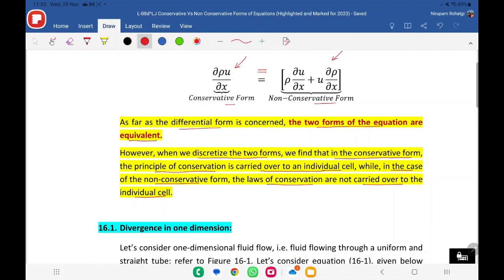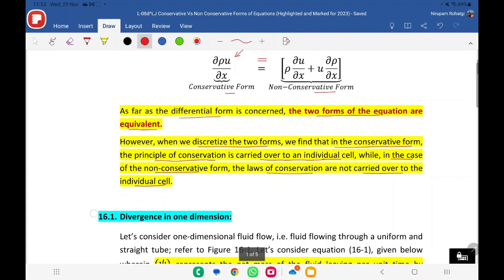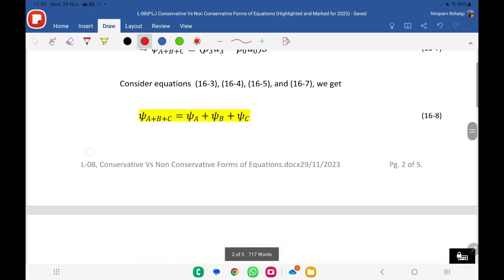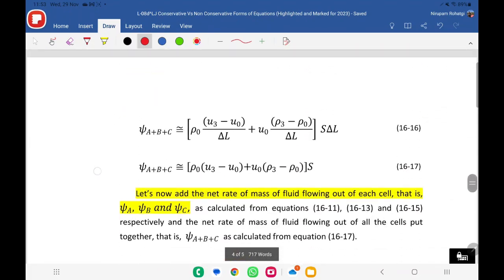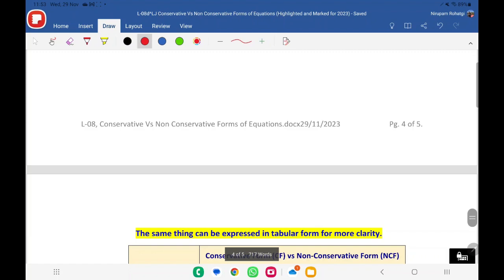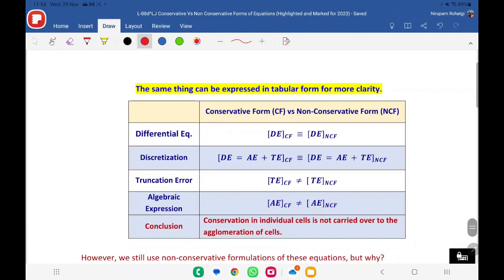And the reason for that is when you convert these equations into algebraic equations, finite difference equations, you are leaving out the terms which are called truncation error. Okay. And the truncation error is going to be different for both the cases. As a result, their algebraic equations become different. Right? I have summarized that in the end. Let us go to that so that you know what we are talking about. You look at this diagram.